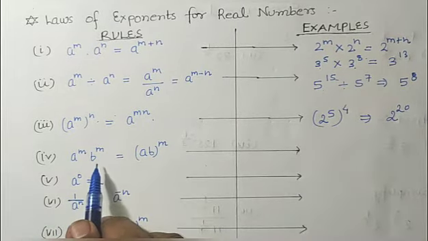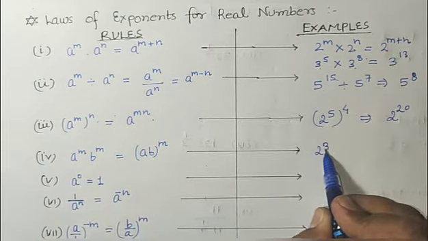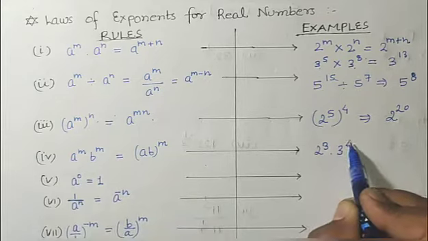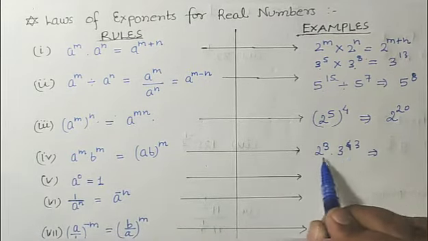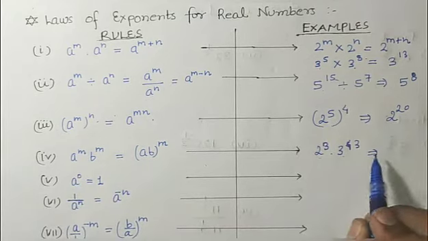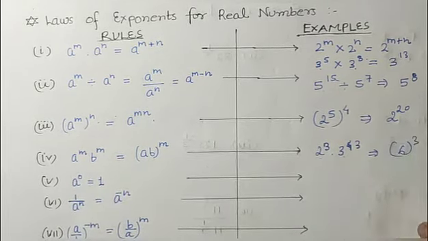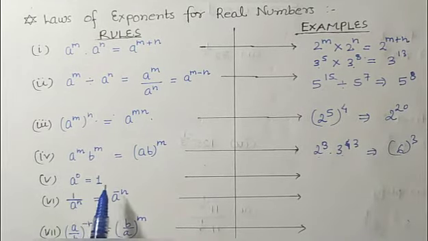Now next is a to the power m into b to the power m. Suppose 2 to the power 3 and 3 to the power 3. See, the powers are the same but the bases are different, so you can multiply the bases, 2 into 3, that is 6, and the power will be the same, that is 3. Now this one is important: a to the power 0 is equal to 1.